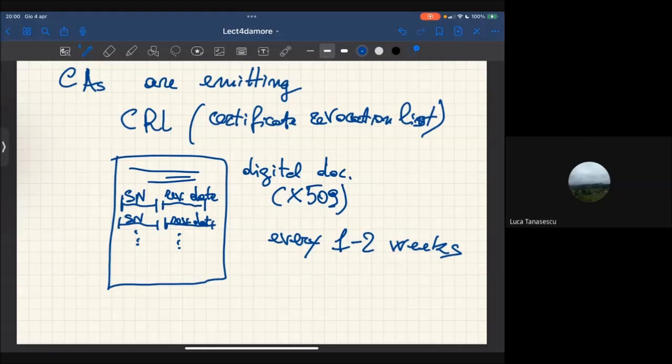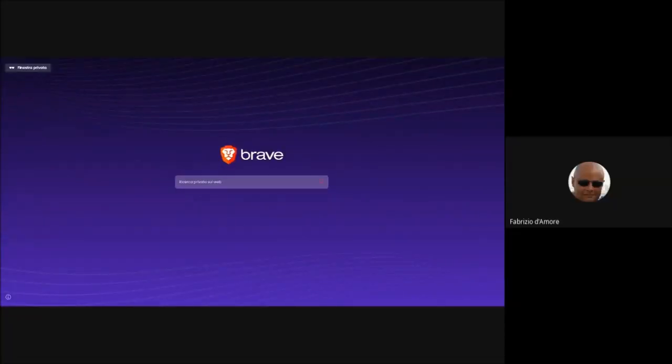Let me share this. Do you see my new screen? Yes. This is a browser.